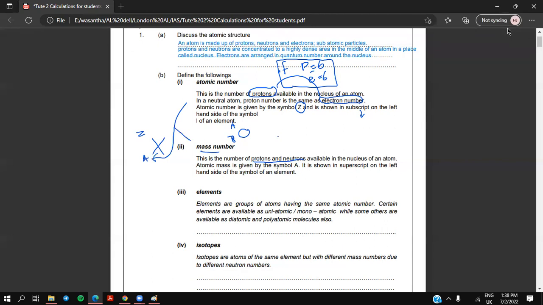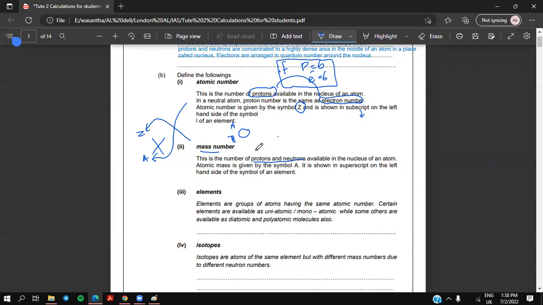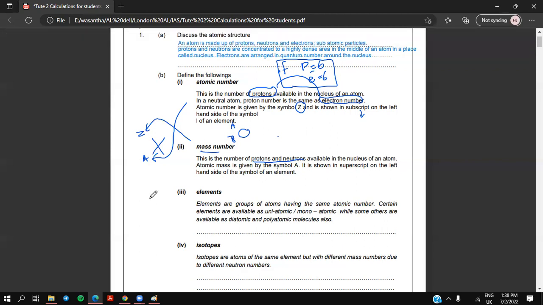Mass number is over there. Copy down that diagram.